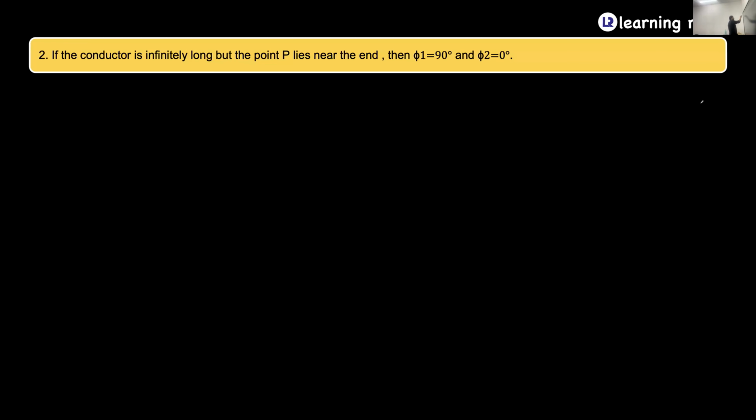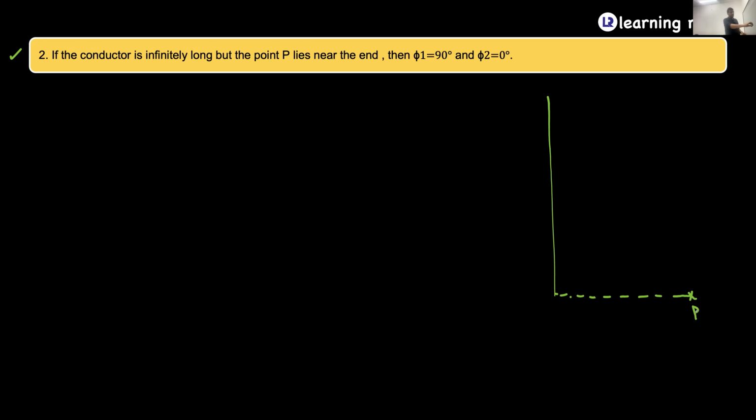So the next case is, if the conductor is infinitely long, but the point P lies near the end. So again, the conductor is of infinite length, but this time, where is the point considered to be? One of the ends itself is considered to be coinciding with the point P, right?